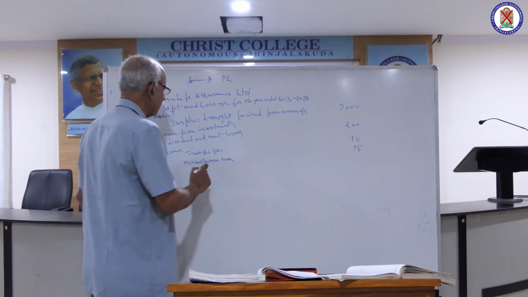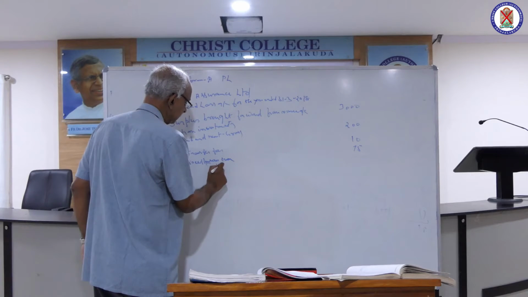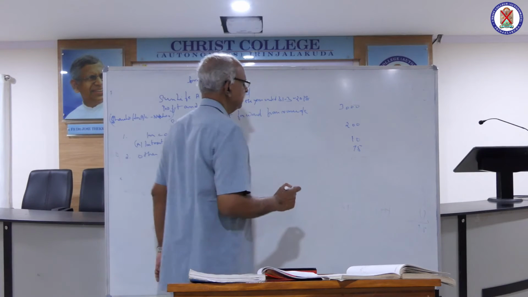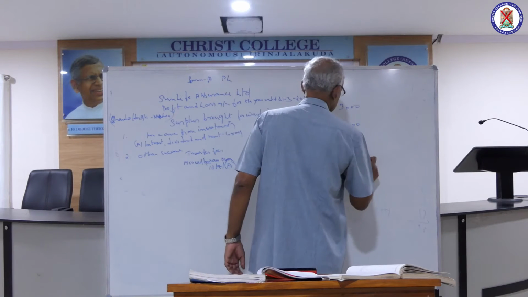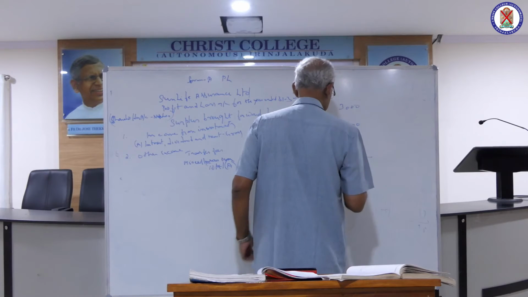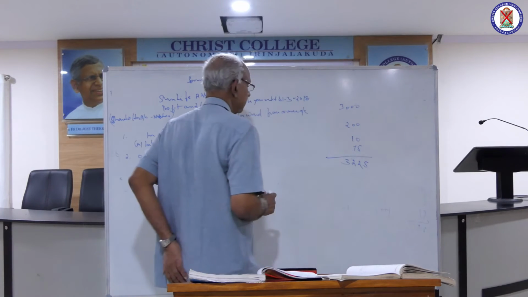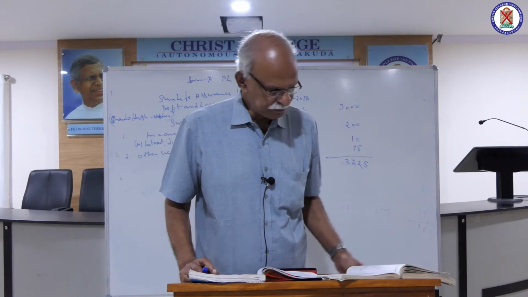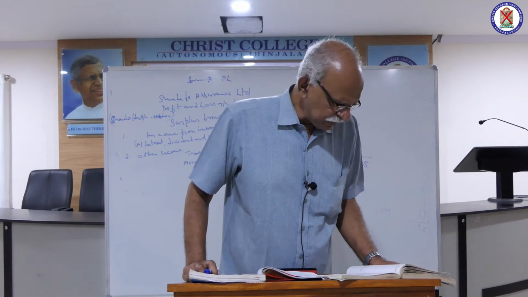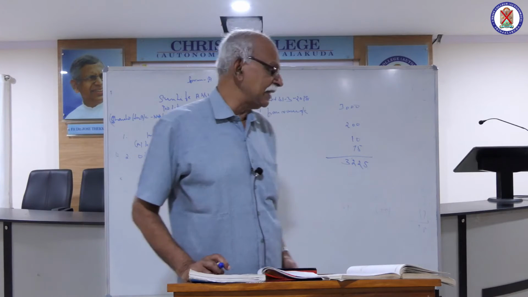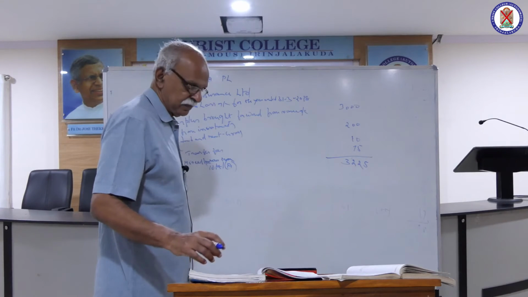Now you will get the total A. Total A is 3,225.